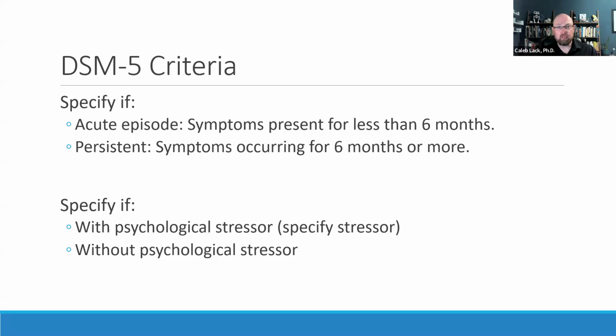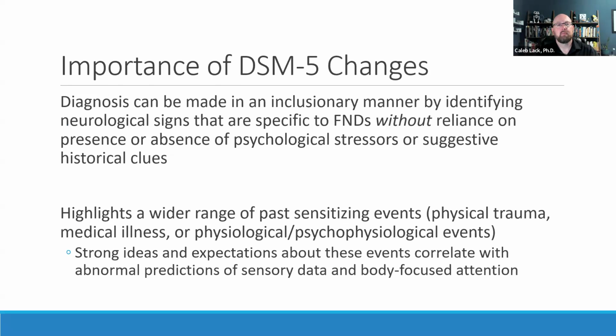And I think it's important to understand why were these changes made? Why were the symptoms shifting a little bit? And mostly it was to have a more inclusionary diagnosis. Because you don't have to have an identifiable psychological stressor or an identifiable historic event that occurred before this.